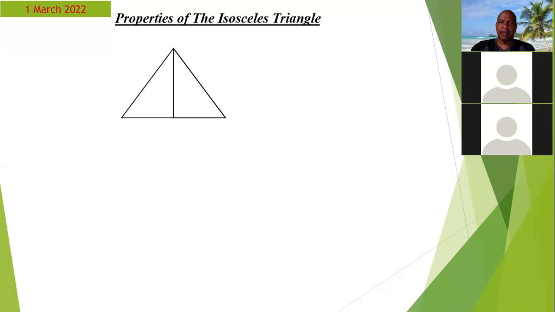All right, as Mr. Lamar said, if we draw a vertical line from the apex to the base, which is the side sitting on the floor, that vertical line will cut the isosceles triangle into two right angle triangles.